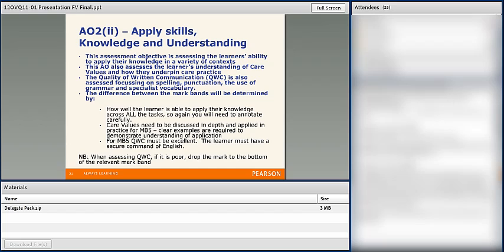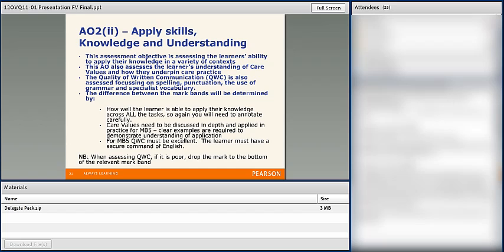When you're assessing the quality of written communication, if you feel that there's poor spelling, poor grammar, limited use of specialist vocabulary, but the actual content is good, then what you would do is just drop the mark to the bottom of the relevant mark band.